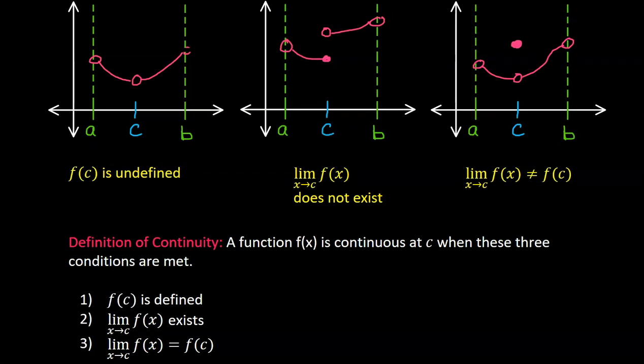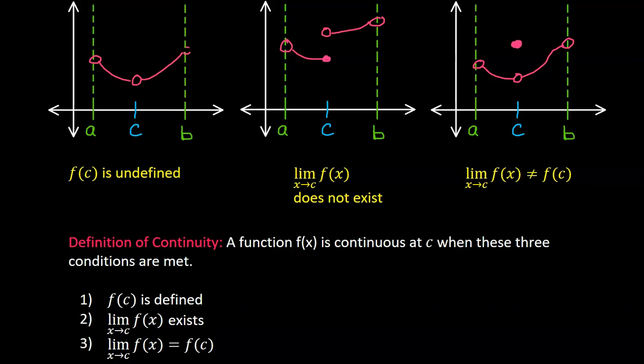Avoiding these three types of interruptions to the graph leads us right to the definition of continuity. A function f of x is continuous at c when these three conditions are met. Number one, f at c has to be defined. That will help us avoid this type of interruption.